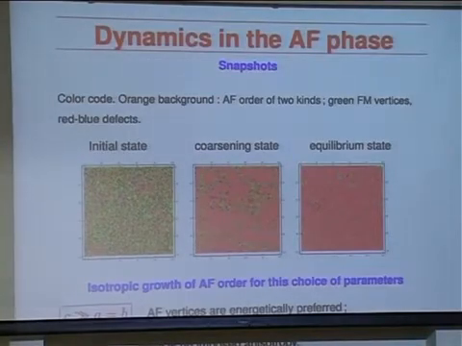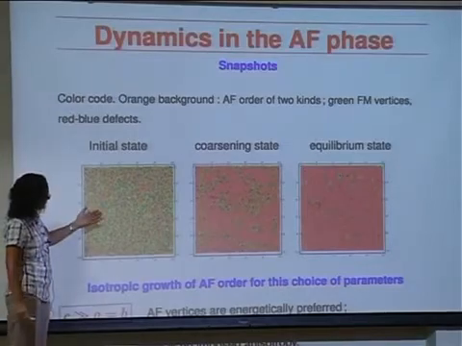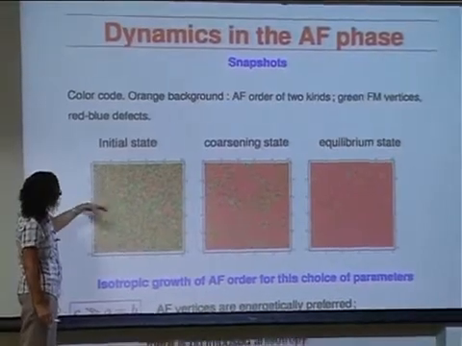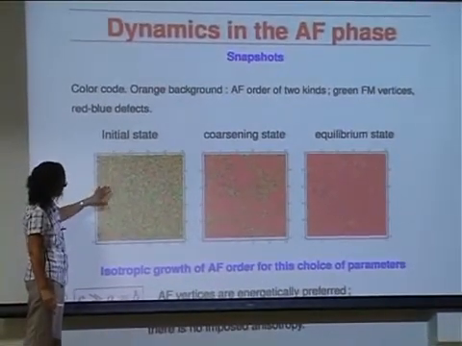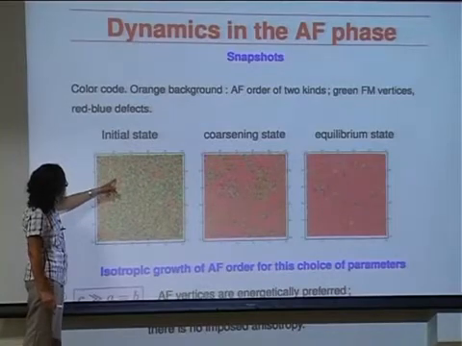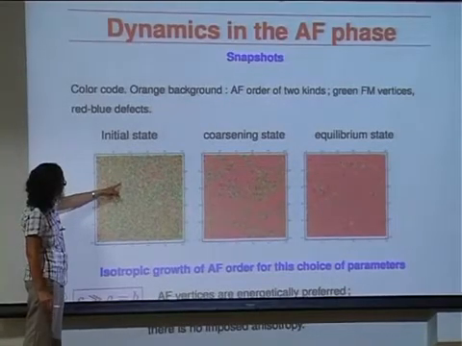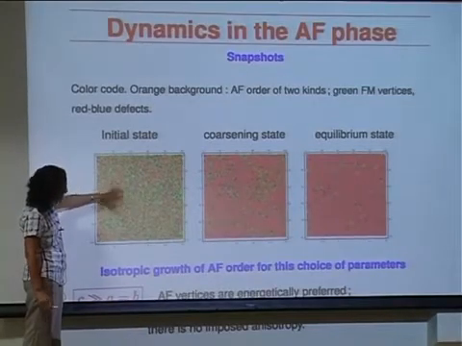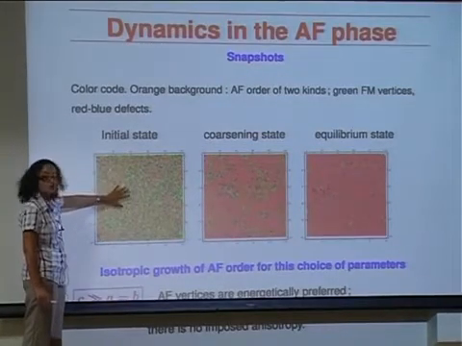One can start from a situation in which your system is disordered. Different colors correspond to different kinds of vertices. The pink are the antiferromagnetic ones, the blue are the ferromagnetic ones, if I remember correctly. Anyway, this is just a code for a disordered configuration.